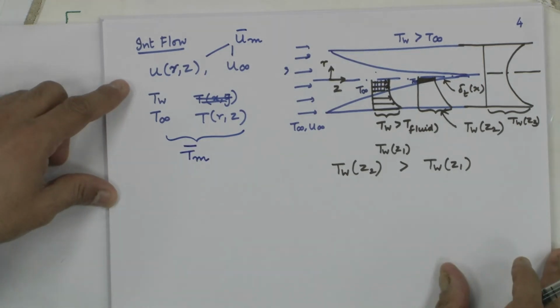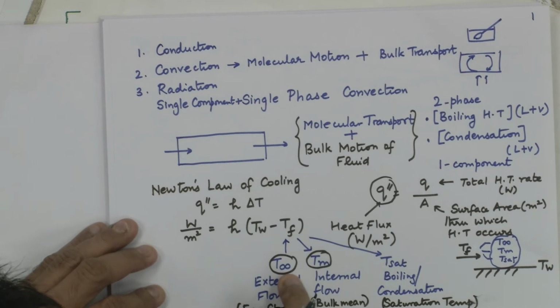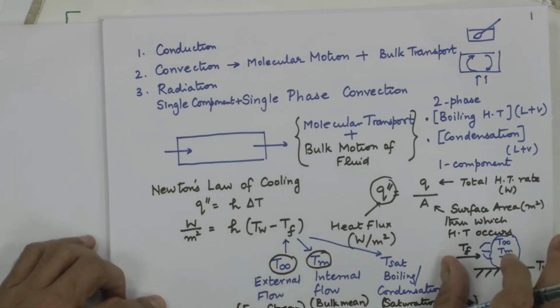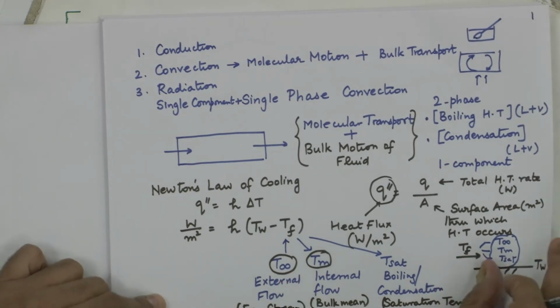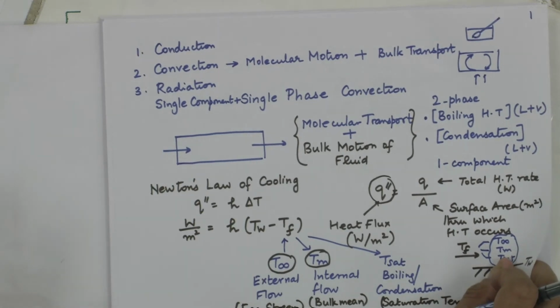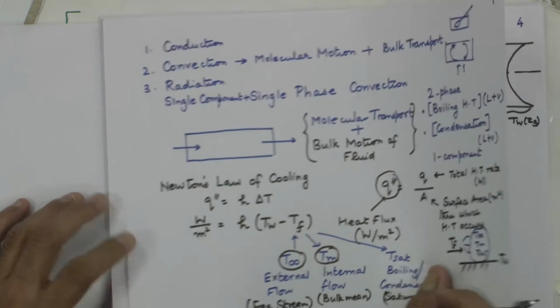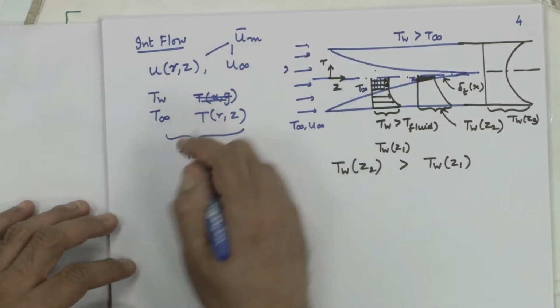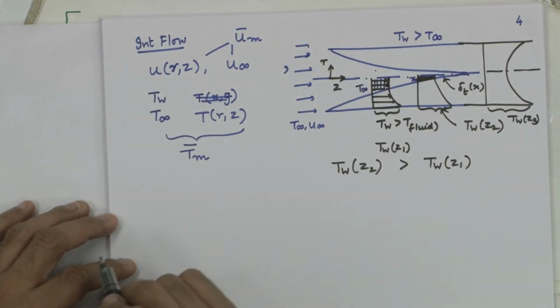So external flow, I will go back to this slide. External flow here had T infinity, had T wall. External flow had u infinity and u local. Here external flow we have T infinity, T local.